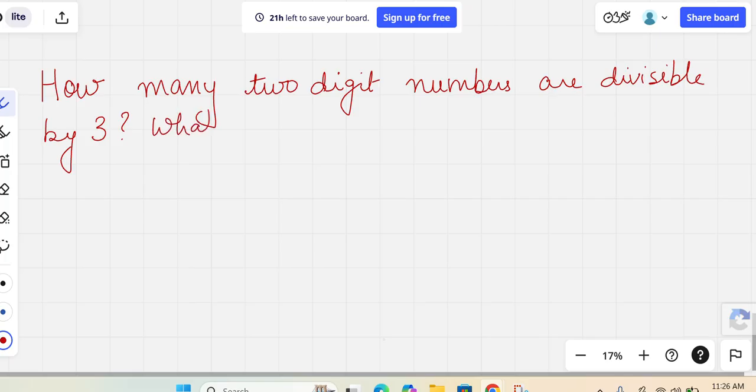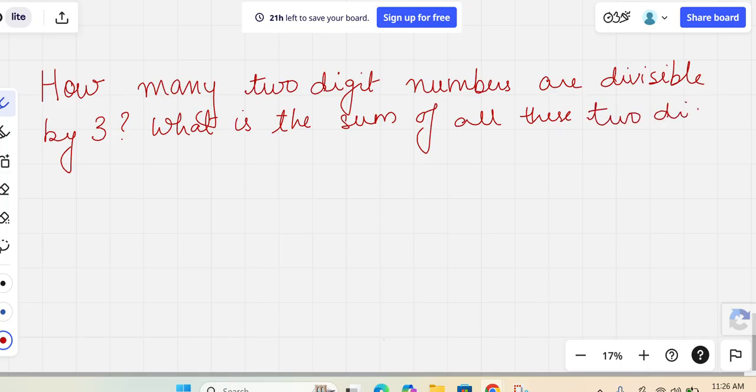What is the sum of all these two-digit numbers? Do it, figure out how to do this.